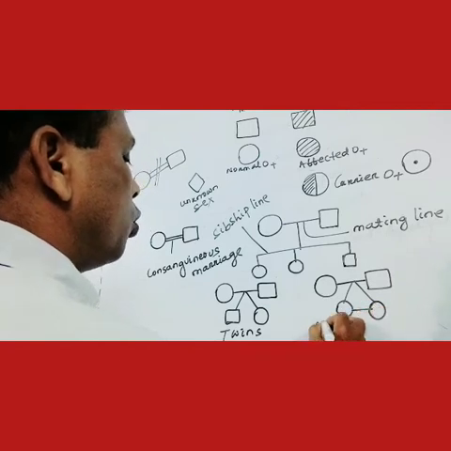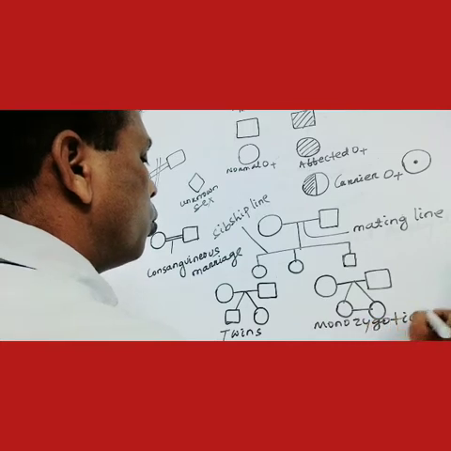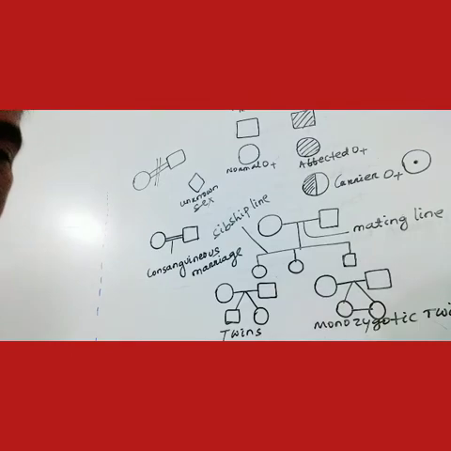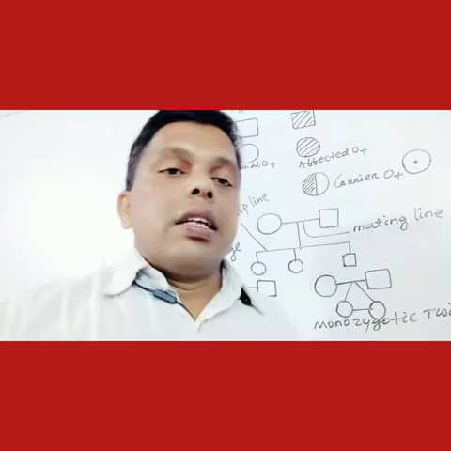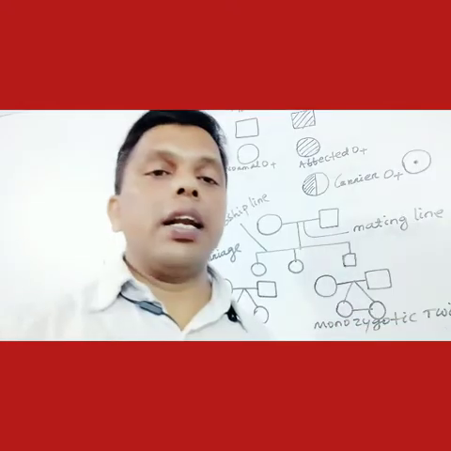This is a monozygotic twin, connected at the basal part. Okay. These are the basic symbols which are used in pedigree analysis.